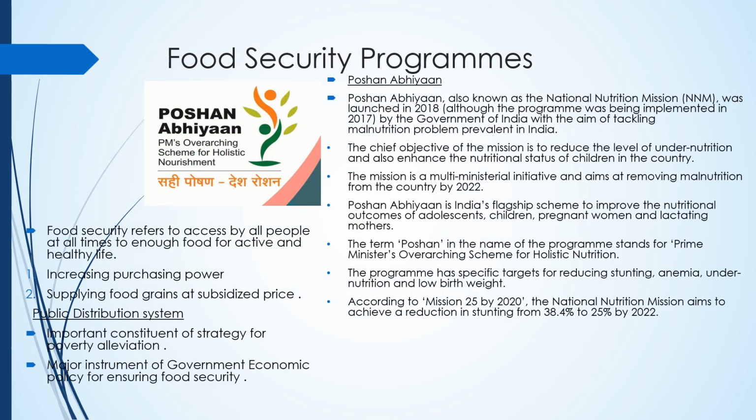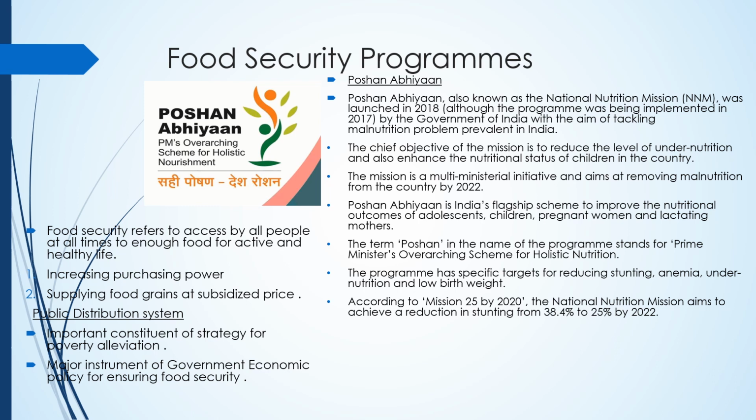Then we have the food security program. Food security refers to access by all people at all times to enough food for an active and healthy life. Food is a basic right; one needs to consume it. Food security can be accessed by increasing purchasing power and supplying food grains at subsidized prices.